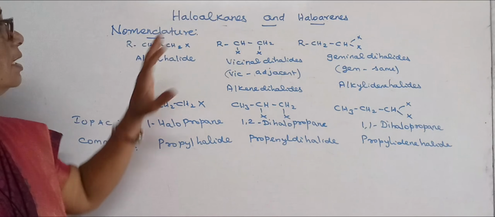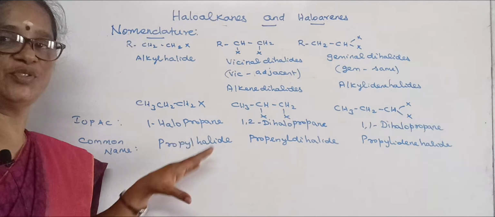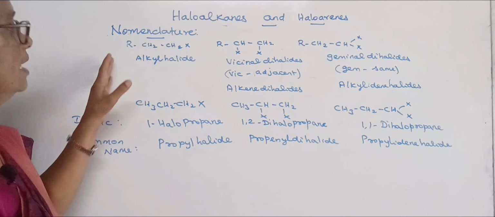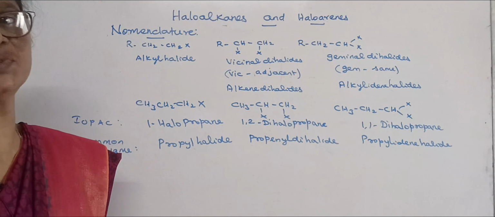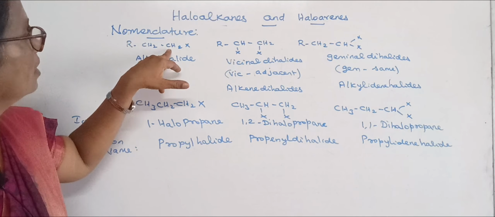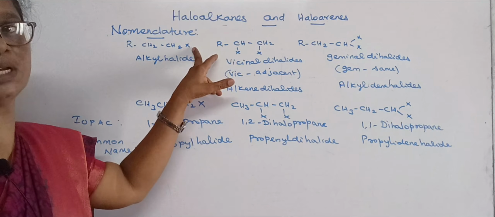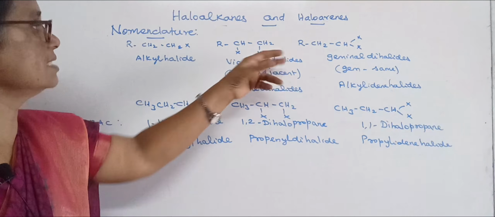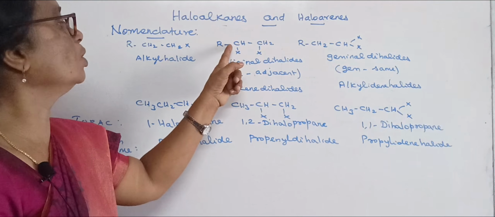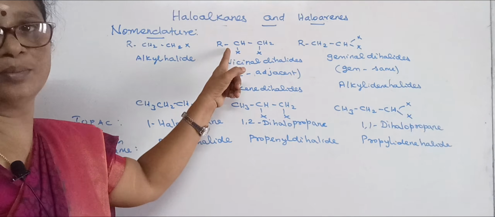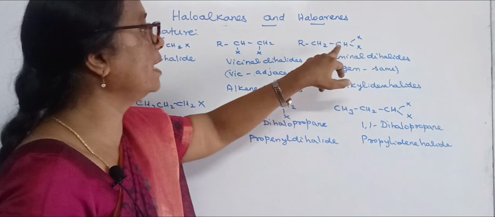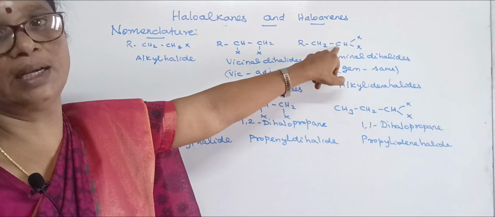The next one, nomenclature. Before we enter into nomenclature of monohalo derivatives, see how the dihalo derivatives are named. See, in this case I have an alkyl group with only one halogen, and in the next case the alkyl group has 2 halogen atoms on adjacent carbon atoms, and in the third case I may find both the halogen atoms on the same carbon atom.